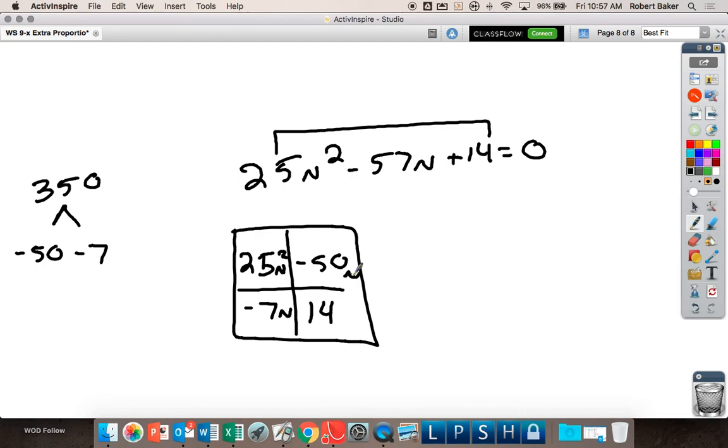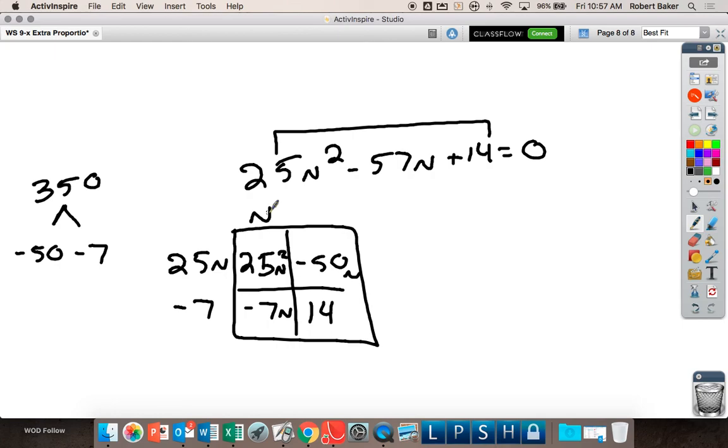So what's the biggest value that 25n squared and negative 50n both share? 25n. The biggest number that negative 7n and 14 both share? Negative 7. So 25n squared divided by 25n is n.